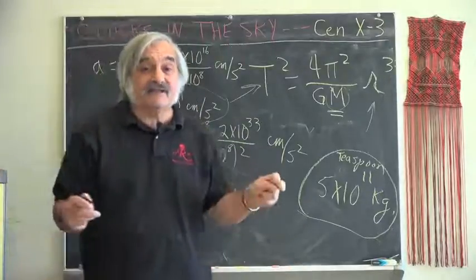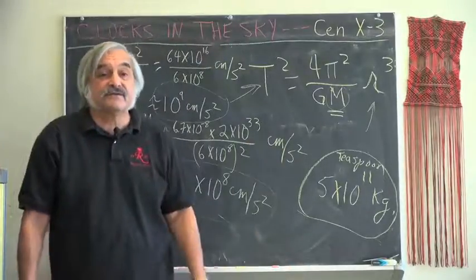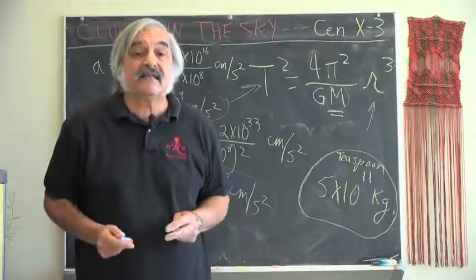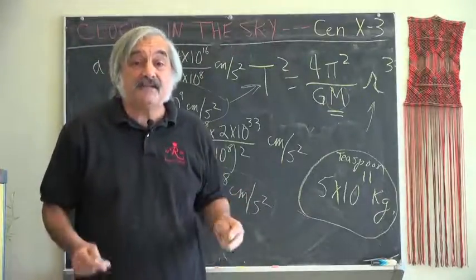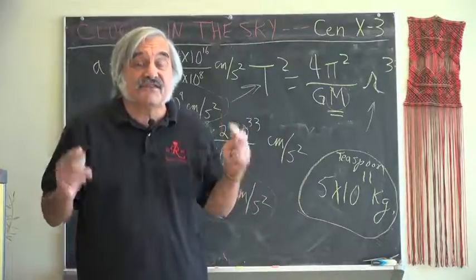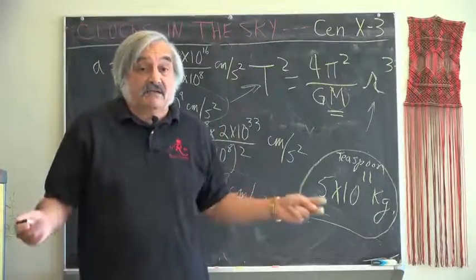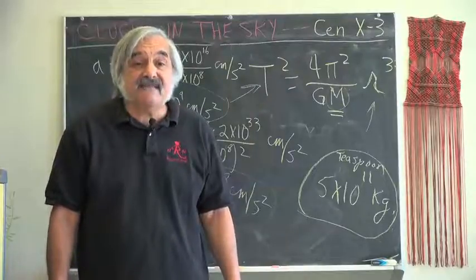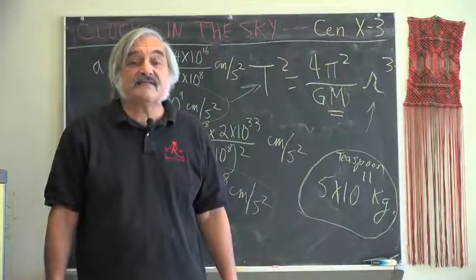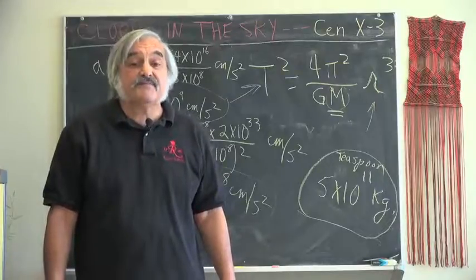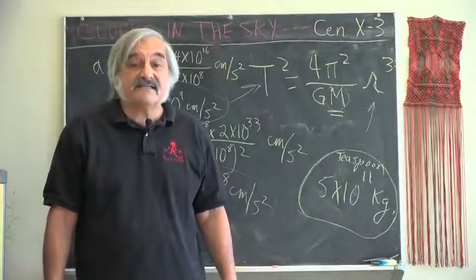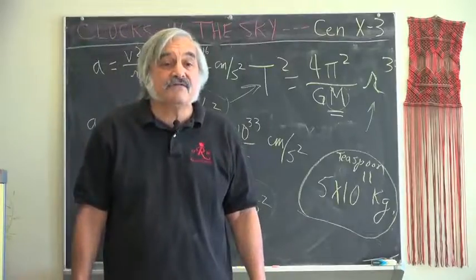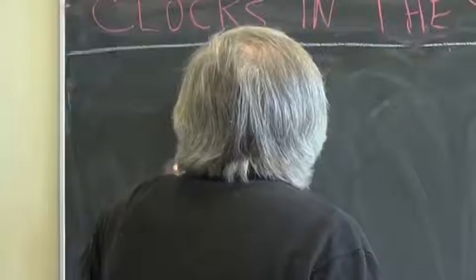So let's imagine a 2 solar mass neutron star, the radius of which is 10 kilometers. Would gravity be sufficient to hold this star together? Let's find out. With a period of 4.8 seconds and a radius of 10 kilometers, the speed of a test mass on the equator of the star would have the following velocity.